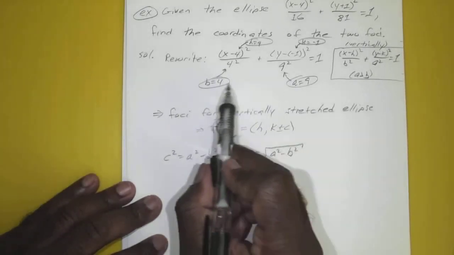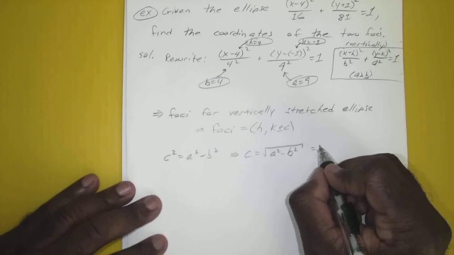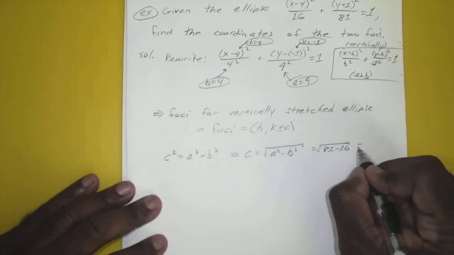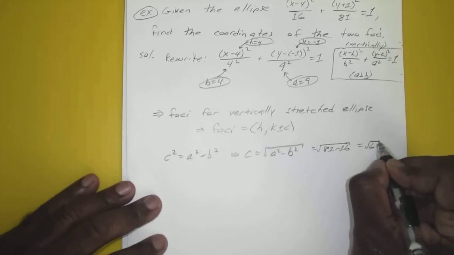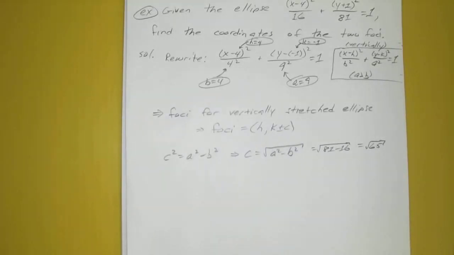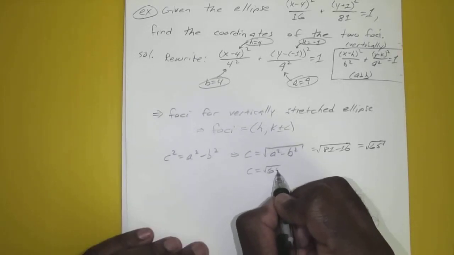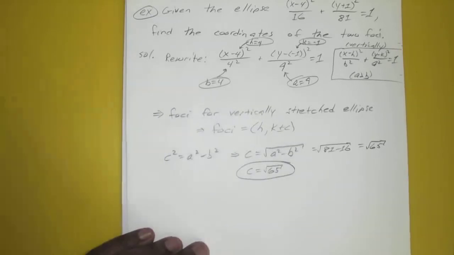Okay, so we have 81 minus 16, which is square root of 65. Okay, so you don't have any perfect squares you can pull out of that one, so it just stays as square root of 65.